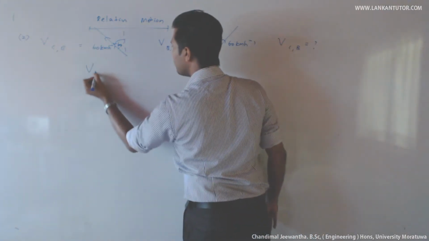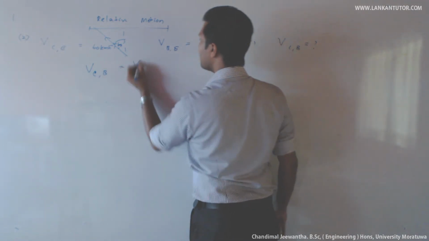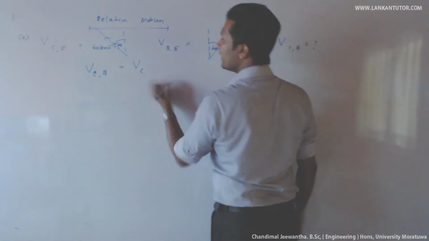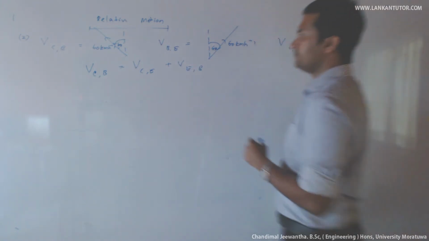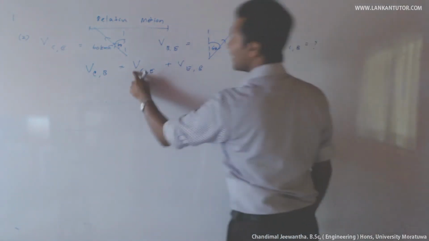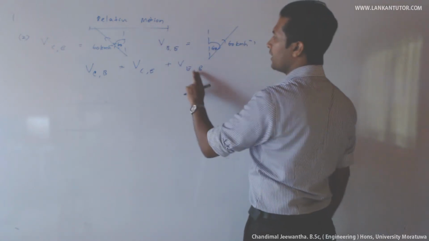In order to find VCB, which is equal to VCE plus VEB, you are given VCE, that's okay.